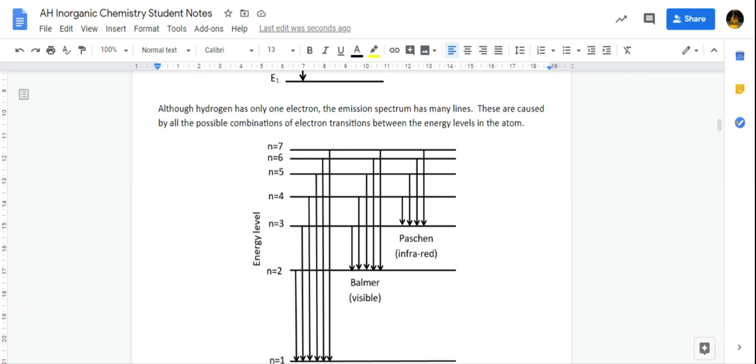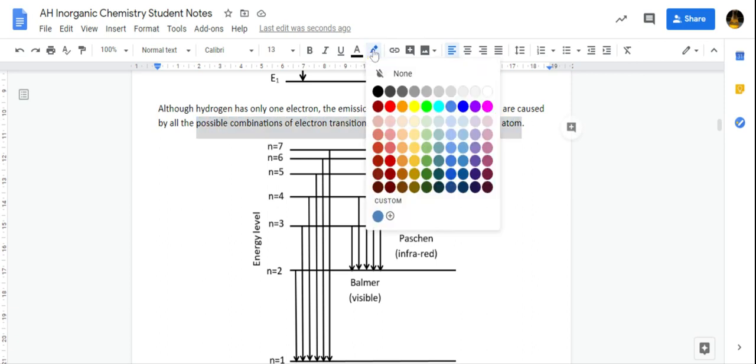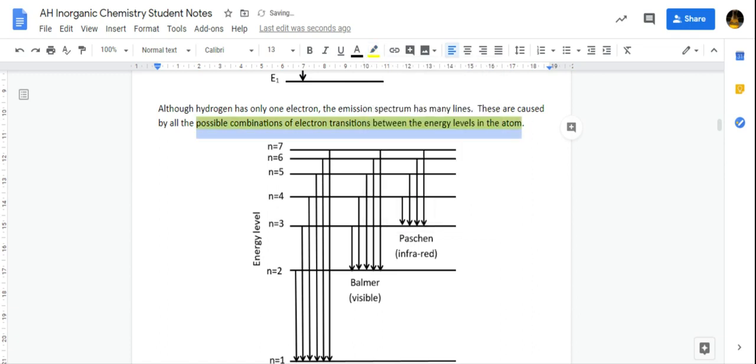This is why, even though there's only one electron, there's more than one line in an emission spectrum. It's all the possible combinations of electron transitions between the energy levels in an atom. Now you get specific lines, remember, because each energy level has a specific energy.